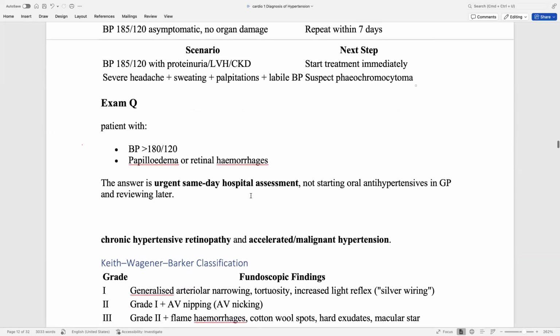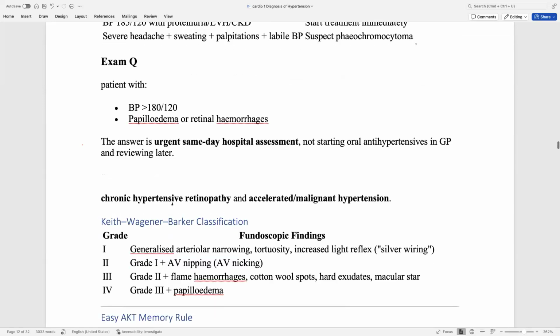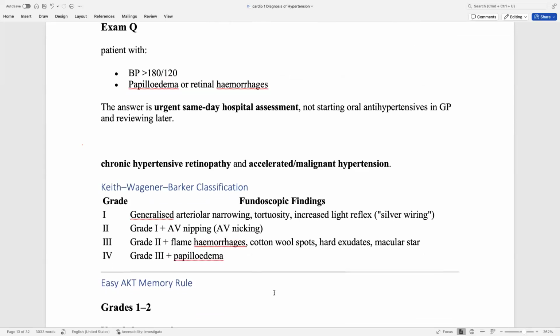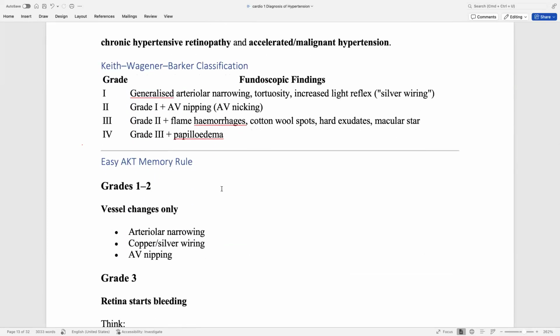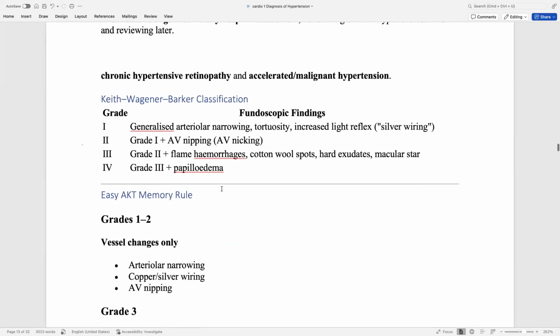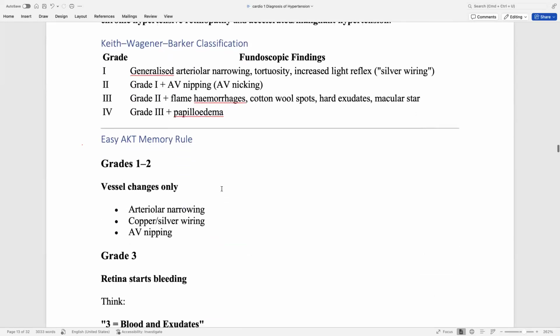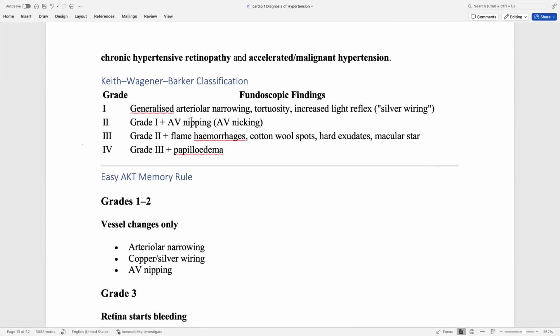Okay. Examples? All right. This is another way of describing hypertensive retinopathy, and accelerated and malignant.